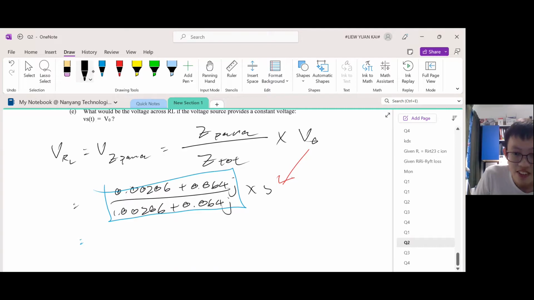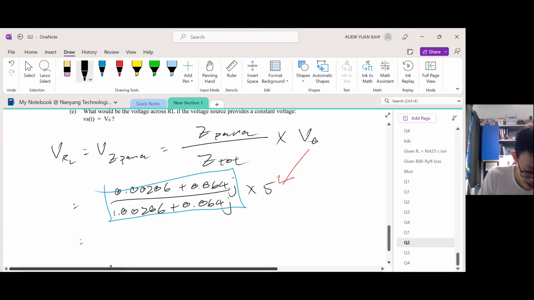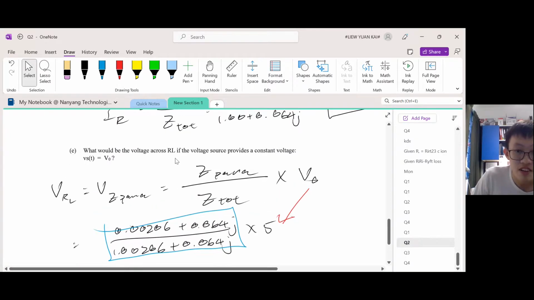So this is actually 5. So I'm going to multiply my answer by 5. Then I'm going to change this to phasor polar form. Hang on a minute. What will the voltage be? Constant voltage.